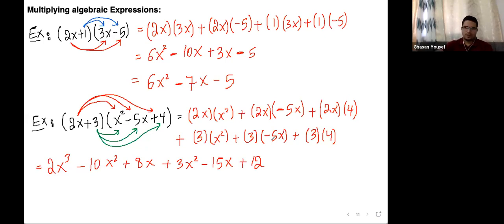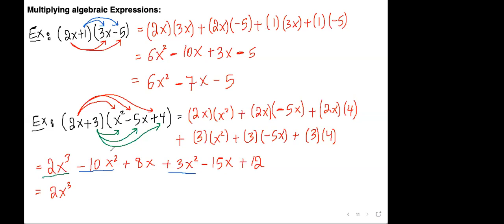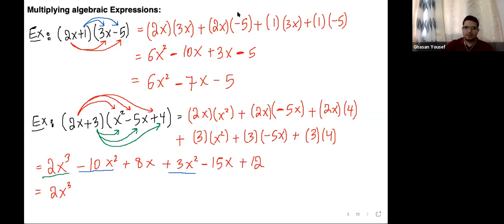Okay, now we can simplify it more. So I get 2x cubed, minus 10x squared plus 3x squared. We're adding like terms together, this with this. Then we add this one with this one, and the 12 we leave alone.